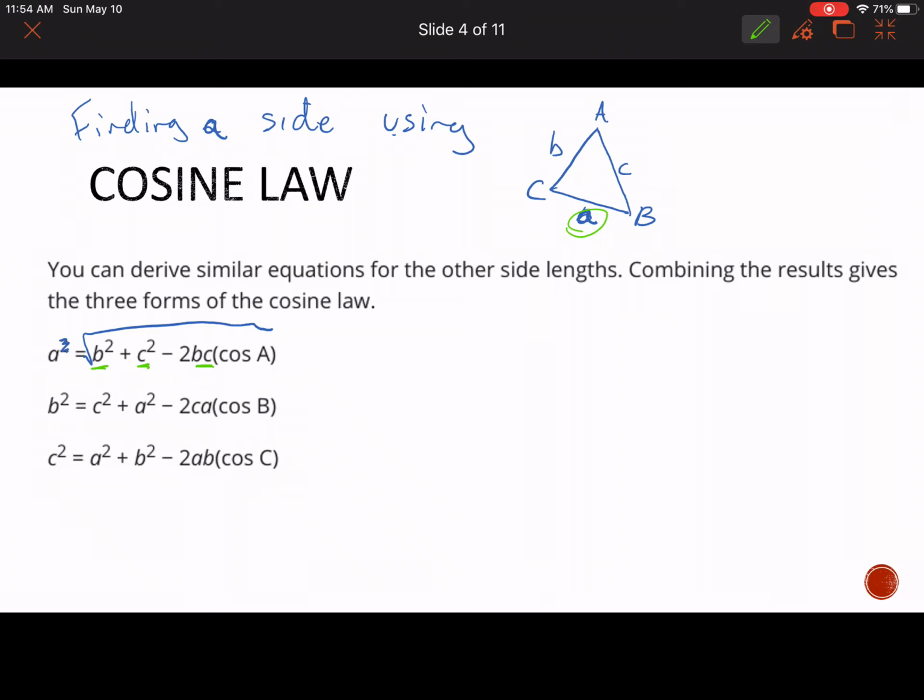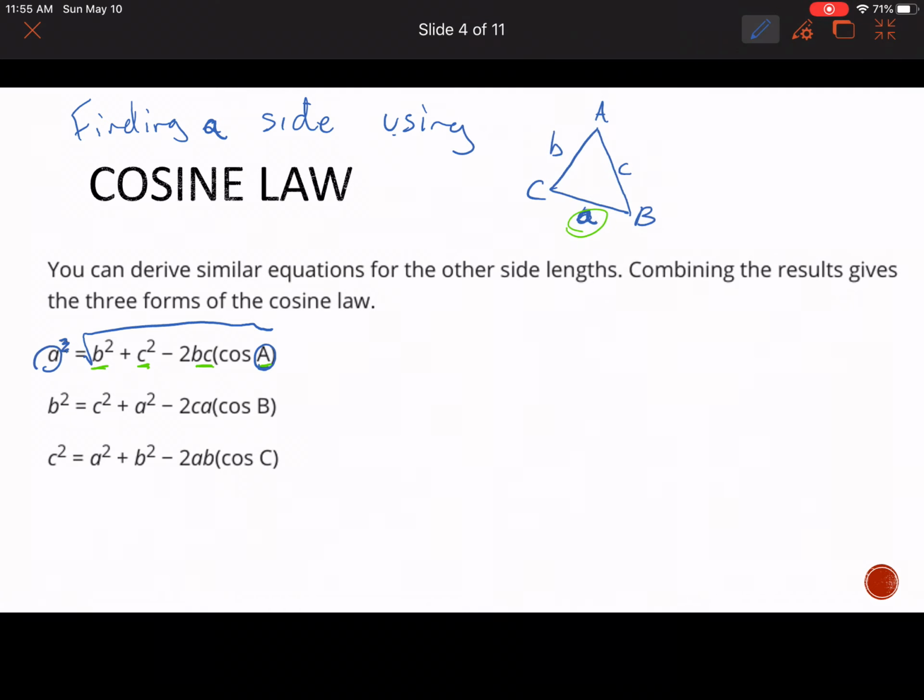We have to square them both, and then we have to subtract 2 times the opposite side. So if you're trying to find A, it's A squared equals B squared plus C squared minus 2 times B times C, and then the opposite angle to the one we're trying to find.